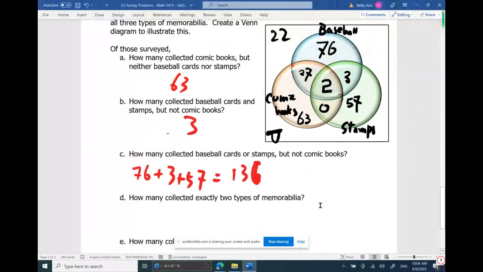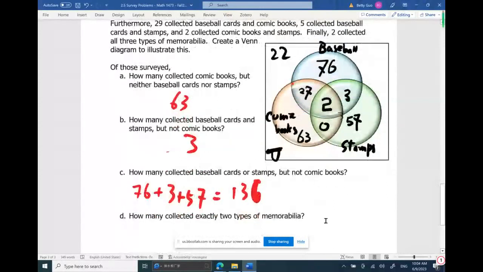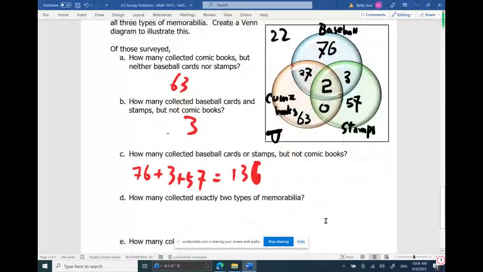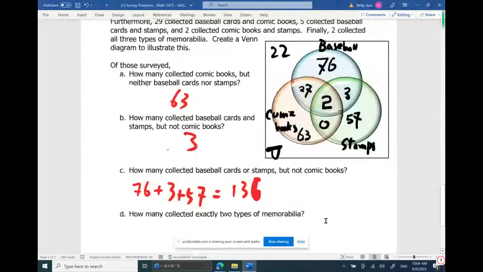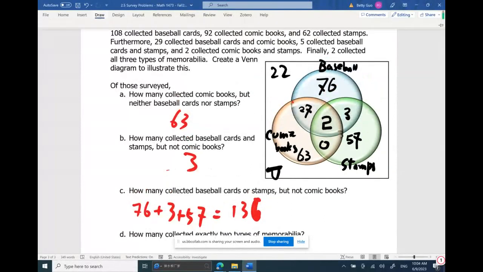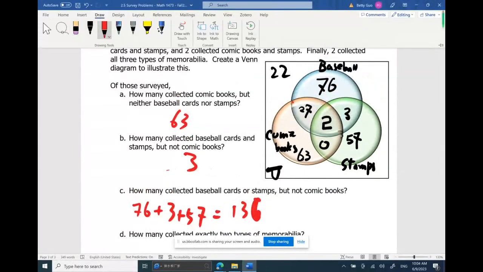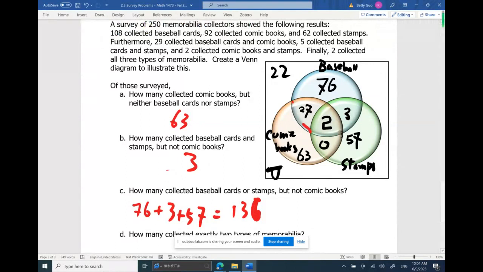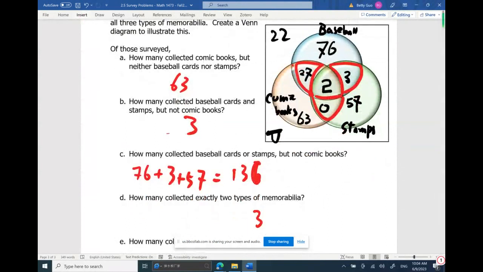How many collected exactly 2 types of memorabilia? Exactly 2. Okay, find the region. So this, right? It does not include the center, only the 3 petals. 30 people.